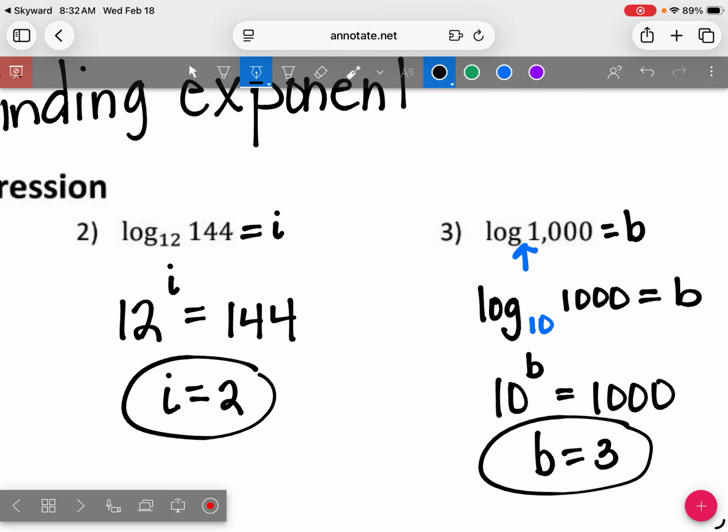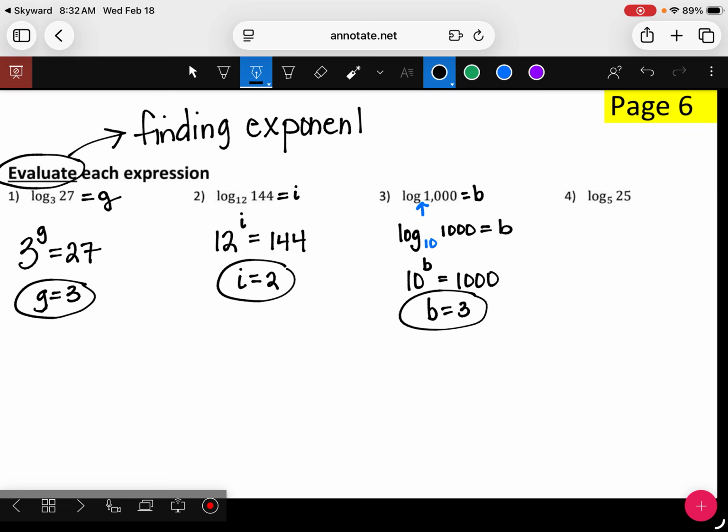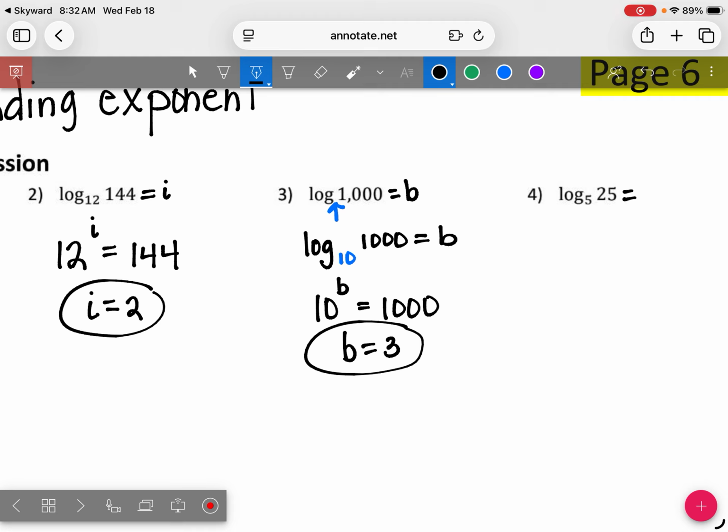All right, the last one, I'm going to set it equal to K for Kathy. So we got 5 to the power of K equals 25.